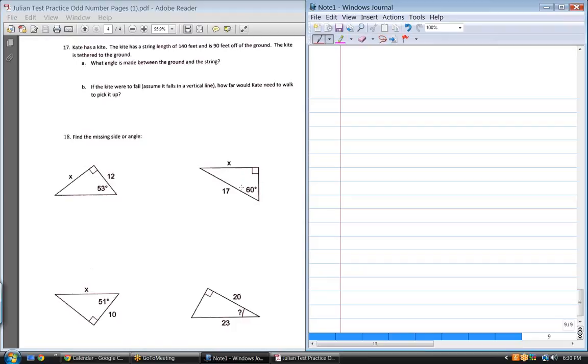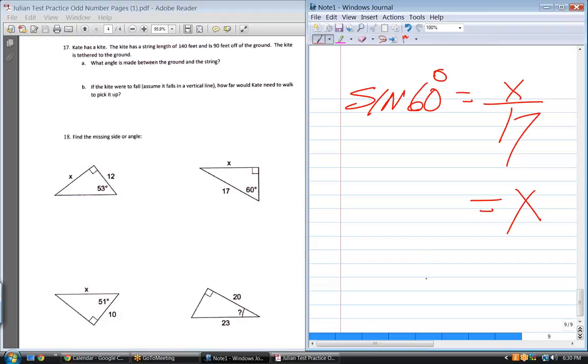Okay, so in this one right here, work with this 60-degree angle. What relates x and 17 with this 60-degree angle? Alright, so sine of 60 degrees equals x over 17. Good. Like that confidence. So x is equal to what?